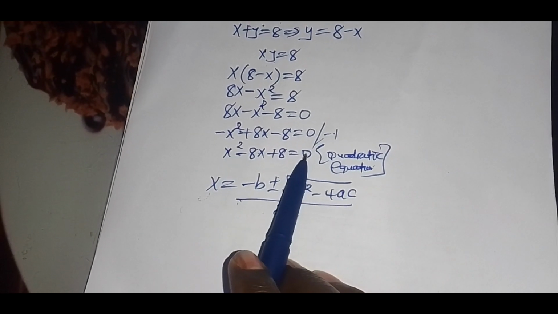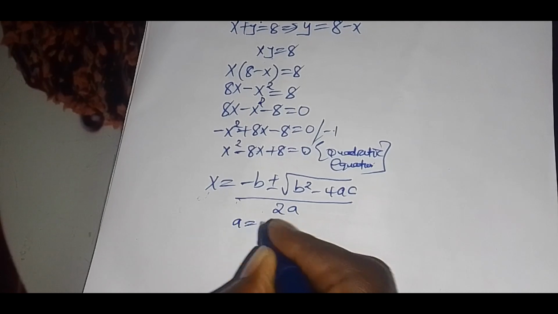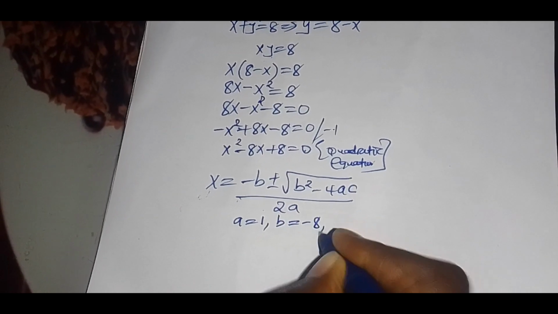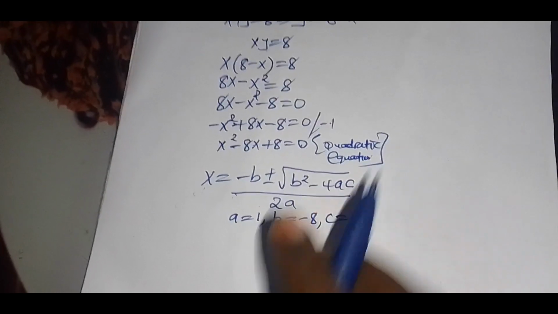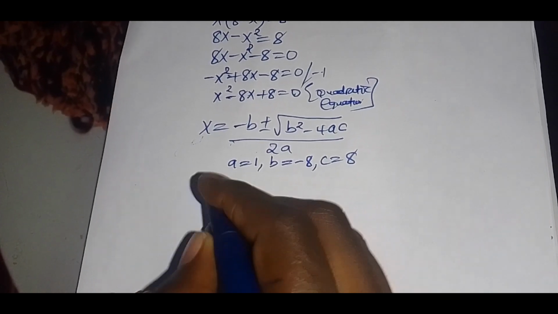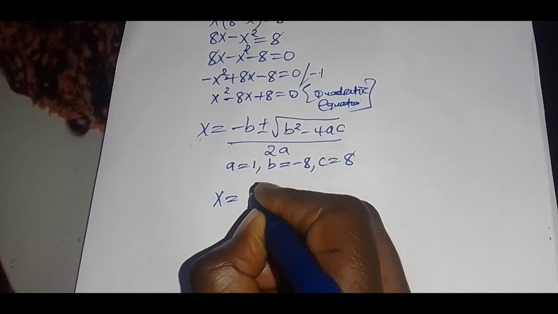From our quadratic equation, a is equal to 1, b is equal to negative 8, and c is equal to 8.